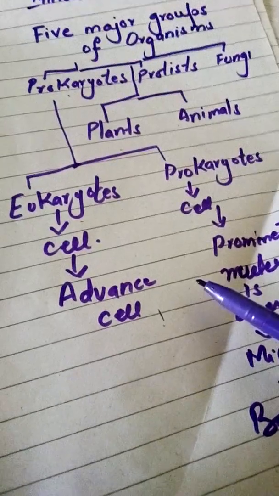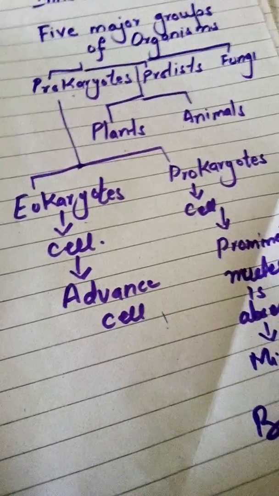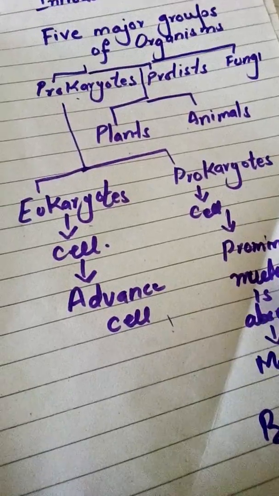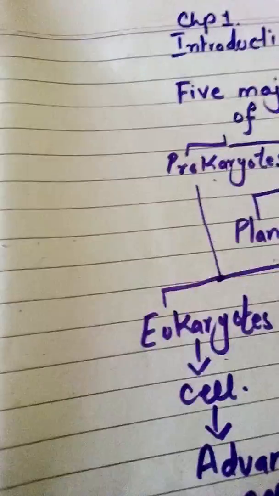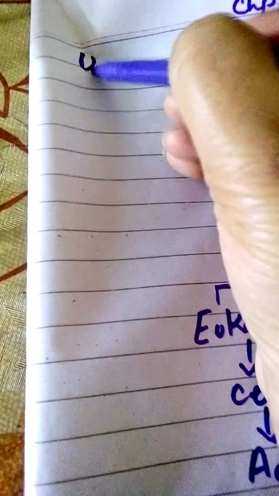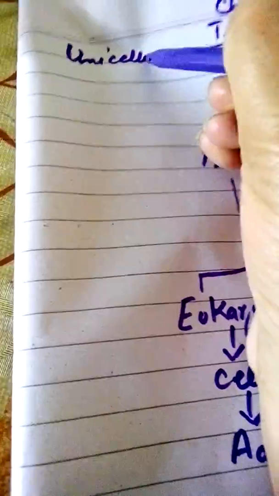Unicellular means one cell: organisms which carry out their life activities with the help of one cell. Let's discuss unicellular organization.